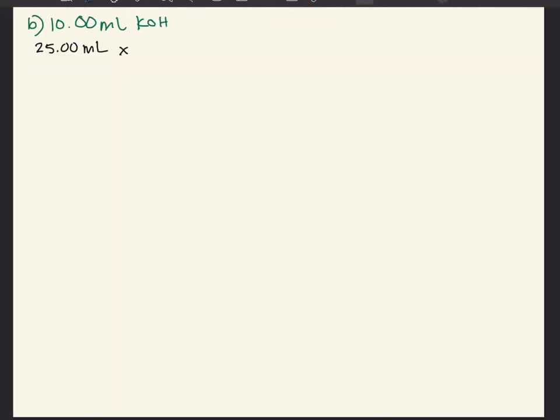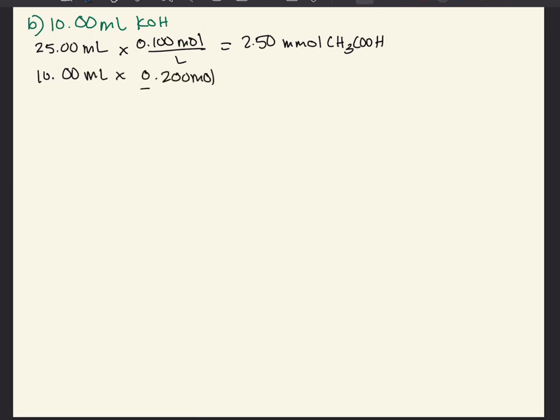So I can multiply that by my concentration, and that gives me 2.5 millimoles of my acetic acid. Now I can do the same thing with my KOH. And that gives me 2 millimoles of my KOH.